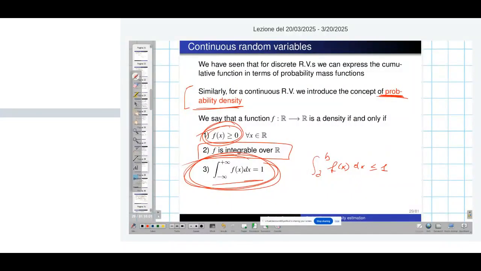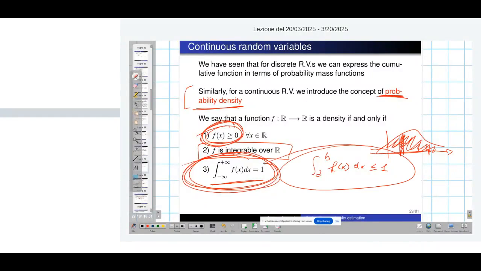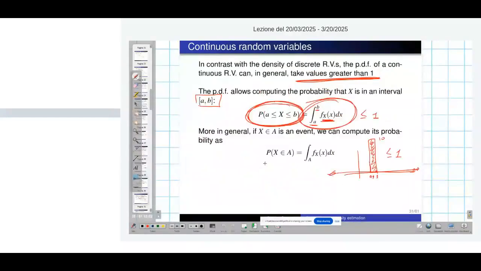I'm measuring the area under my curve, but my curve is always above the real line, so each slice of the curve will have a positive or 0 contribution. The overall contribution is 1, so whatever subinterval I take, it will not have an area greater than 1. So this is consistent with our definition of probabilities.